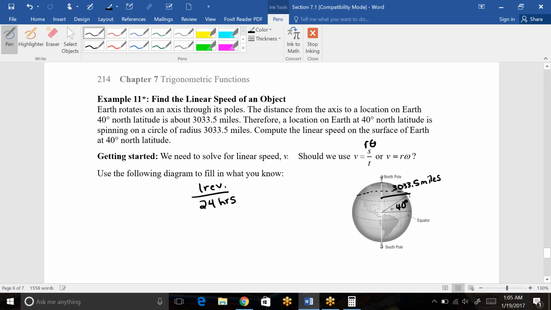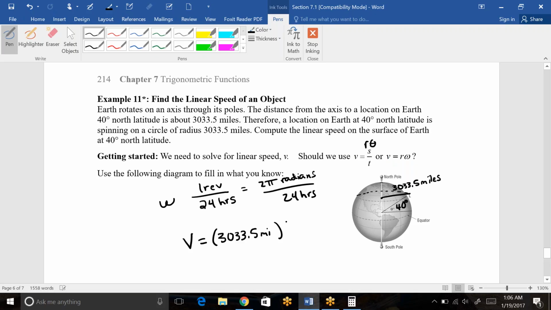So what we need to do is convert one revolution into radians. Now, one revolution of a circle is 2 pi. So for our omega, this is going to be 2 pi radians over 24 hours. And we already know our radius, so we can get our linear speed pretty quickly by just multiplying the radius by this angular speed, which remember has to do with our revolutions over time.